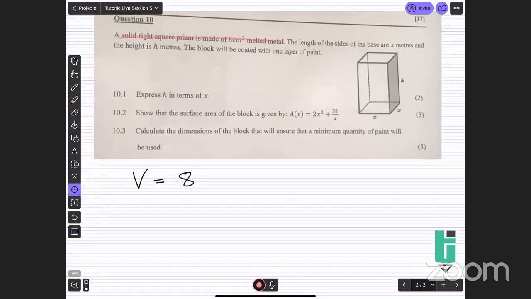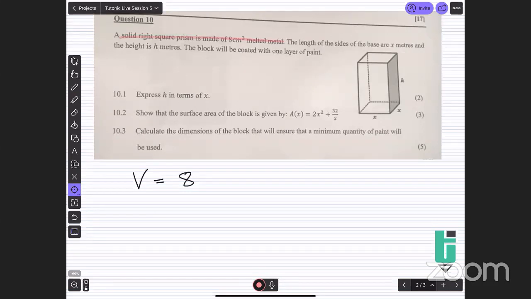But I think somebody might just skim past this and then they read this and they read that and then they forget this. Now it says the length of the sides of the base are x meters. You guys see there, x. So this is a square at the bottom, right? If they're both x. And the height is h.